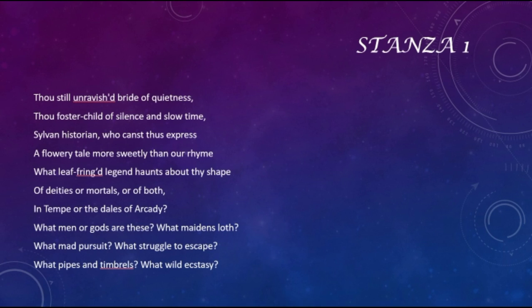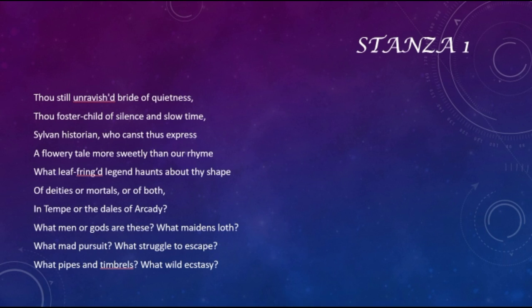The poet sees the scene depicted on the urn and feels its natural beauty or natural life. And so John Keats, the poet, calls the urn a sylvan historian, a natural historian. A flowery tale more sweetly than our rhyme.